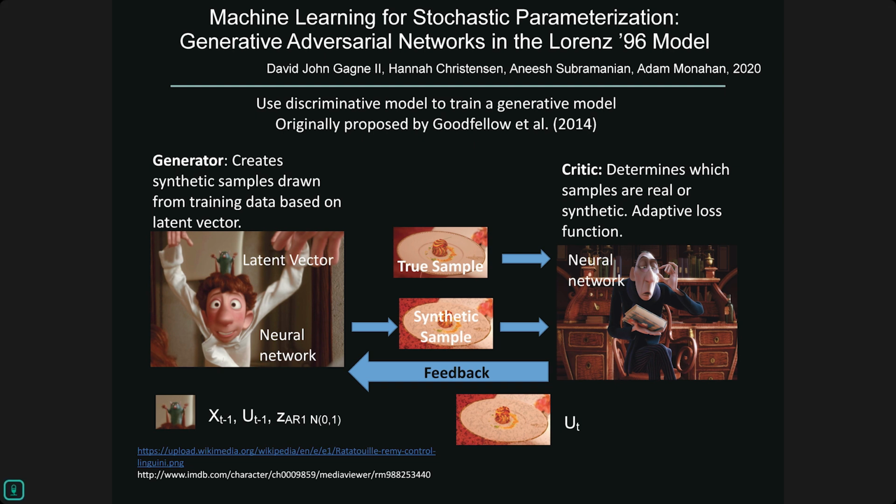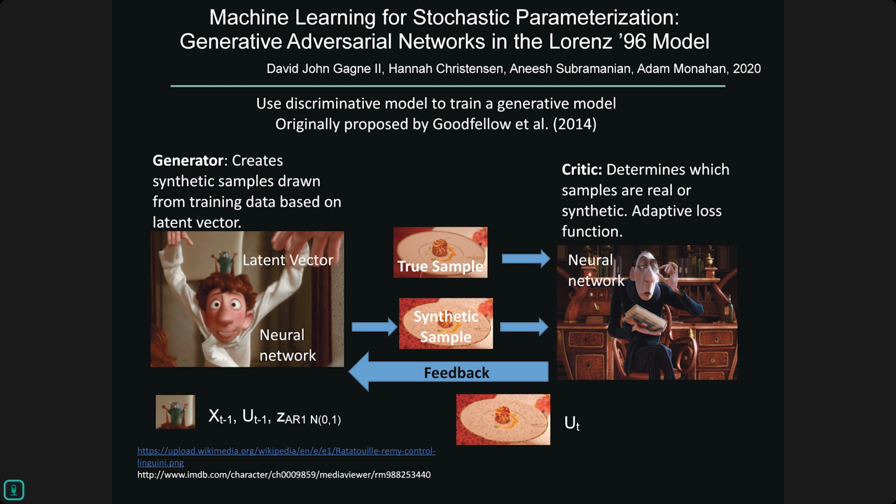One is called the generator, which creates synthetic samples drawn from training data based on a latent vector, a small dimensional representation. And then it generates a synthetic sample of ratatouille, for instance. And then you have what's called a critic, which determines which samples are real and which are synthetic, right?